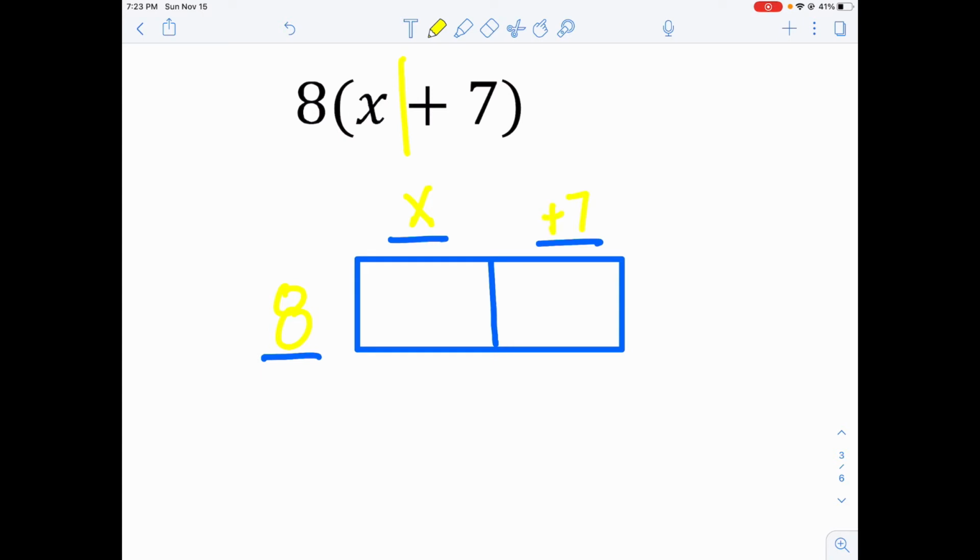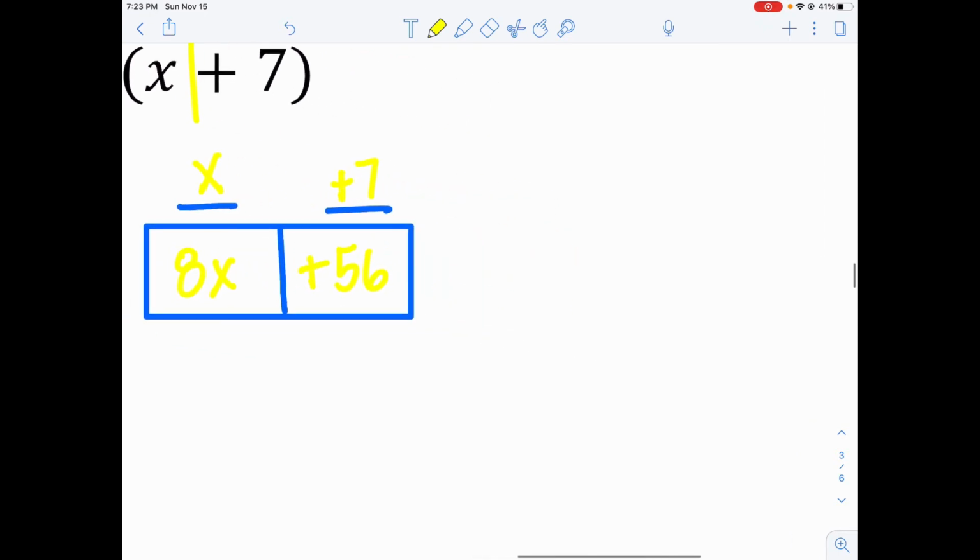I'm going to multiply to get what goes inside. 8 times x is 8x. 8 times a positive 7 is a positive 56. So I write my expression off to the side. 8x plus 56. And now I'm done.